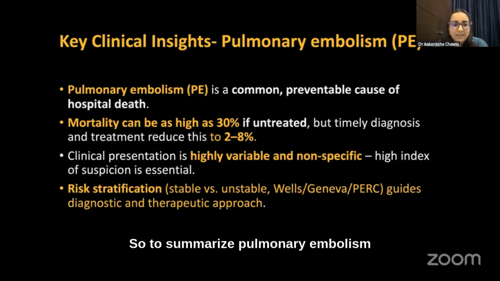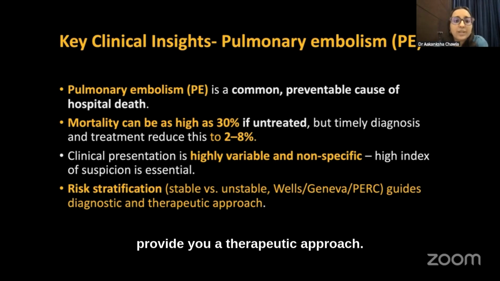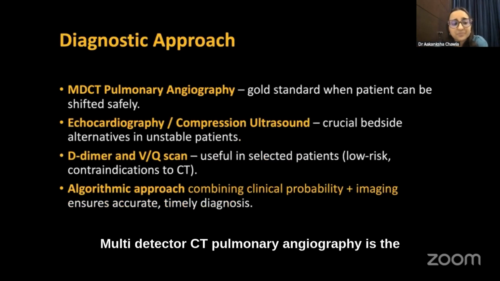So, to summarize, pulmonary embolism is a common preventable cause of hospital death. Mortality can be as high as 30% if untreated, and it can be reduced to 2 to 8%. Clinical presentation is highly variable and non-specific. Risk stratification, stable versus unstable, your clinical criteria, they guide you to diagnose and provide you a therapeutic approach.